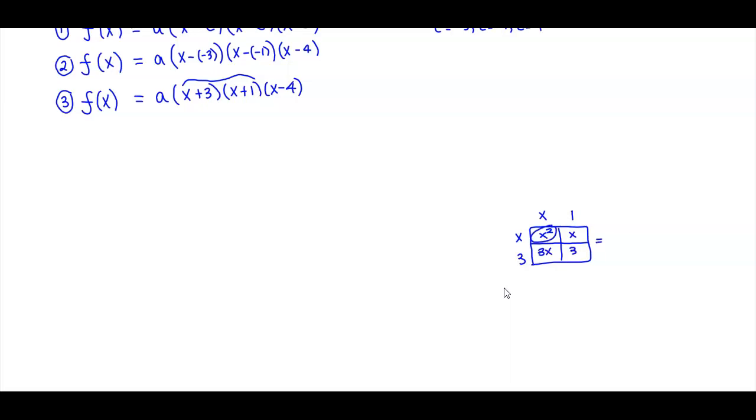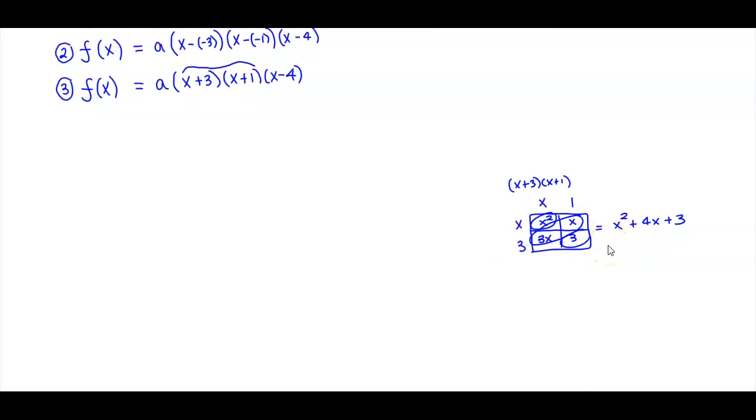So we get x squared plus 3x plus x, which is plus 4x, and then plus 3.